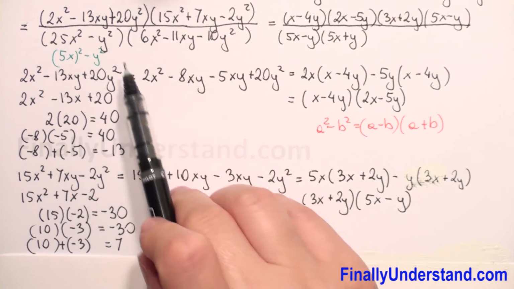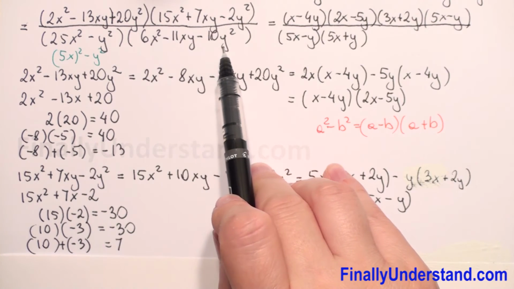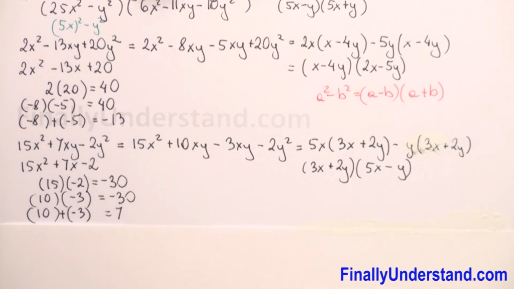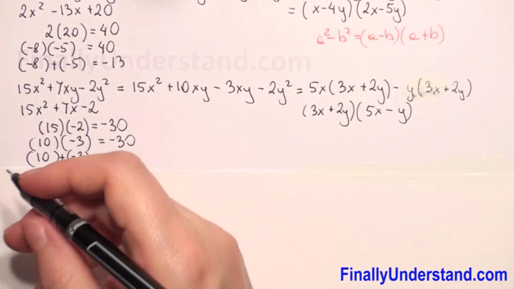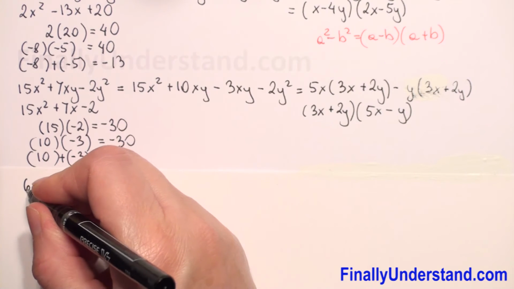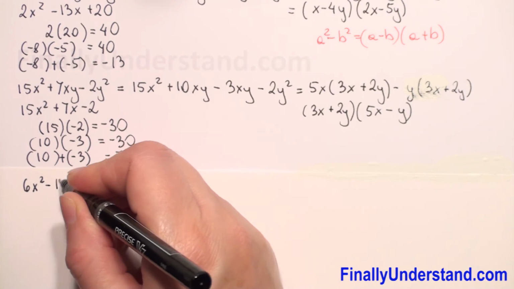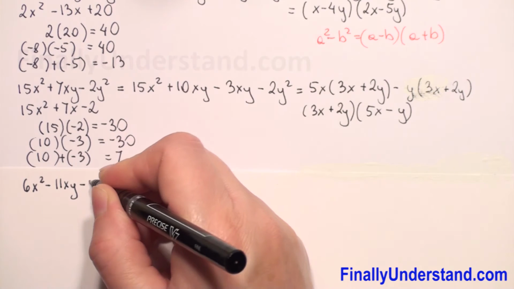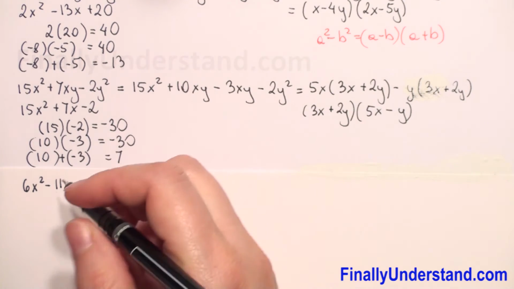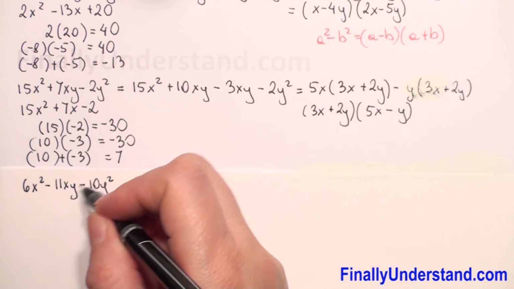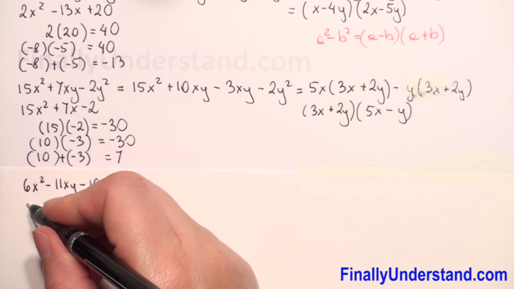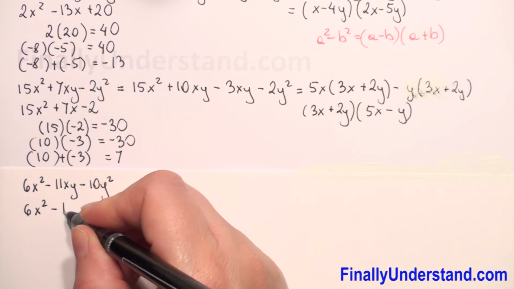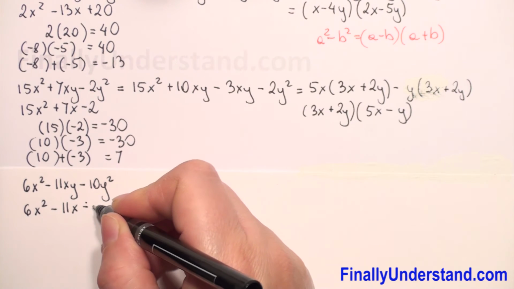And the last expression in parentheses, let me copy this. We have 6x squared minus 11xy minus 10y squared. Like before, first let's forget about y's, so it will be 6x squared minus 11x minus 10, of course.